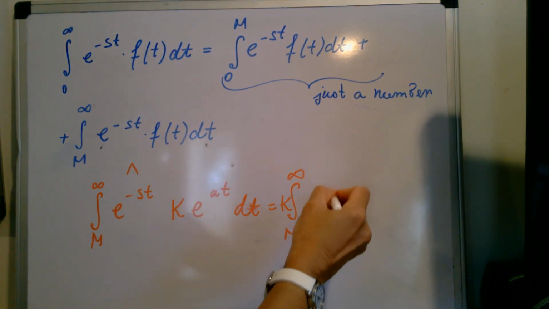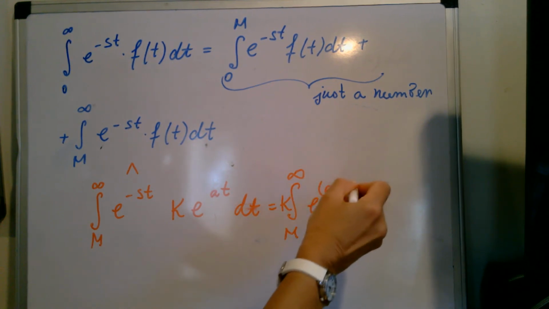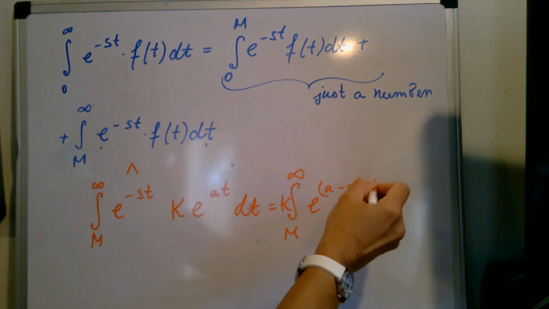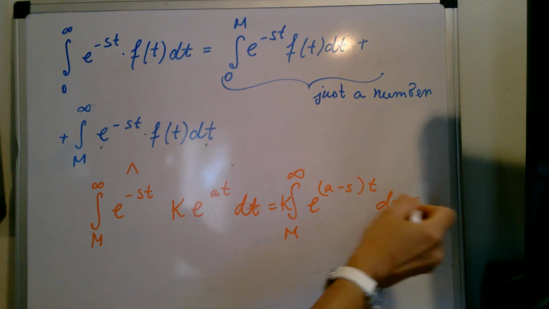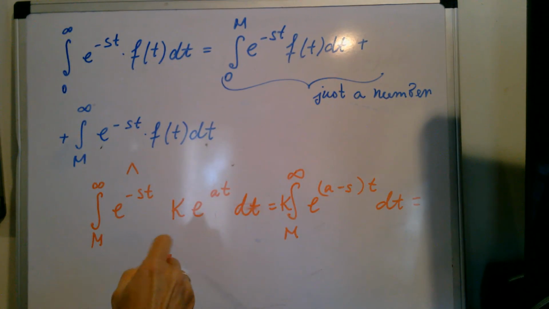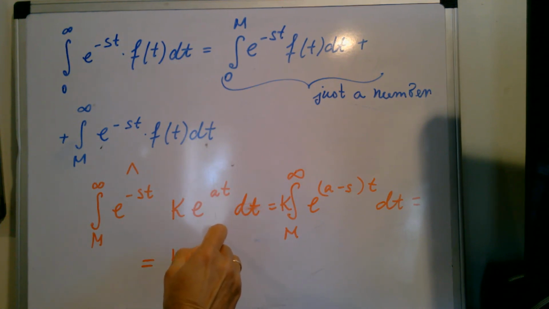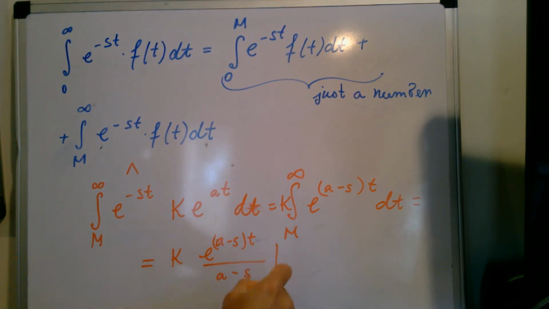And that's going to be e to the power of (a minus s)t dt, right? And I'm going to calculate it. Not very difficult, so it's going to be k e to the power of (a minus s)t divided by (a minus s), with substitution from m to infinity.